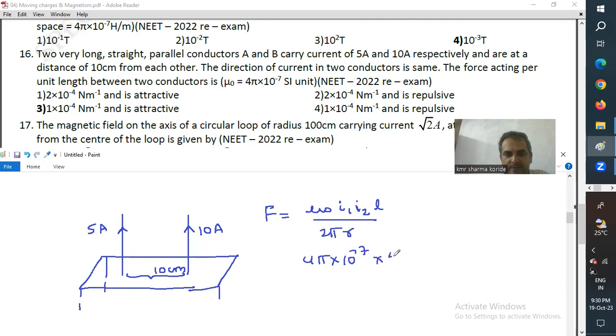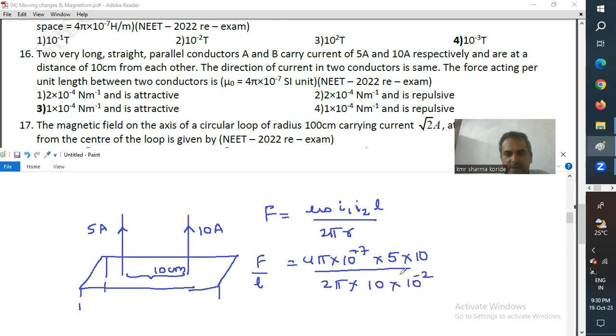I1 is 5. I2 is 10. You take L down because the question is force per unit length, F by L. Divided by 2 pi. R is 10 centimeters, so 10 into 10 to the power of minus 2.